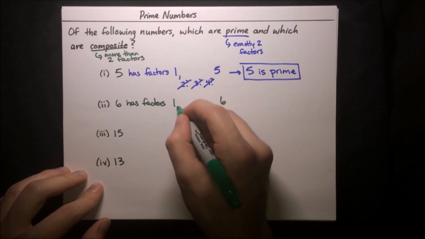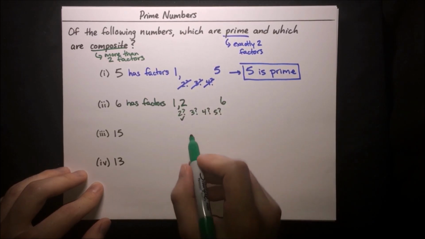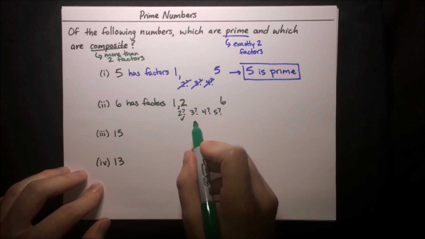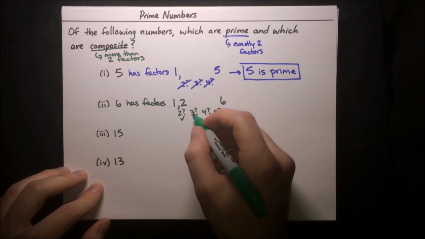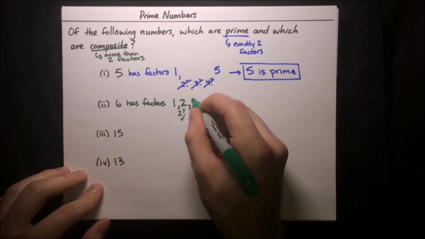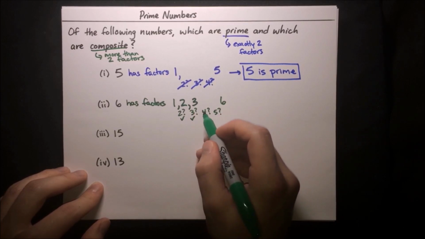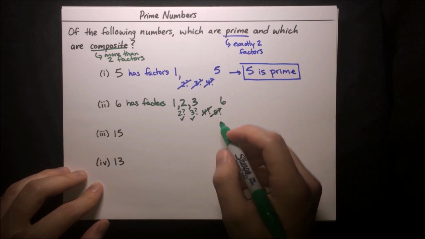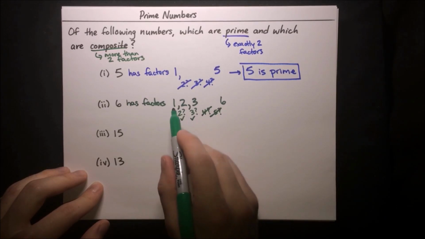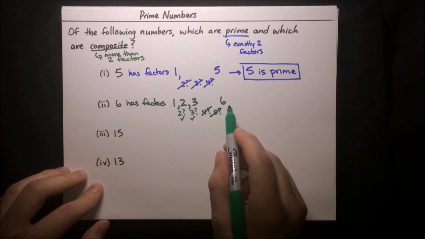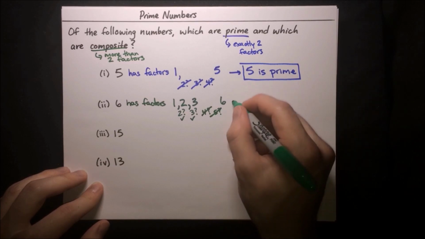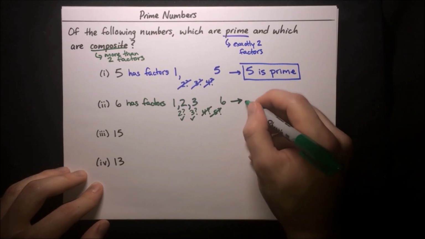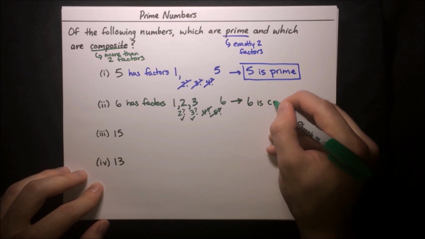So 2 is also a factor. What about 3? 6 divided by 3 is 2, a whole number. So 3 is also a factor. Is 4 a factor? No. Is 5 a factor? No. 6 isn't divisible by 5, but here we've got factors 1, 2, 3, 6. That's 4 factors. So that means since this is more than 2 factors, 6 is composite.